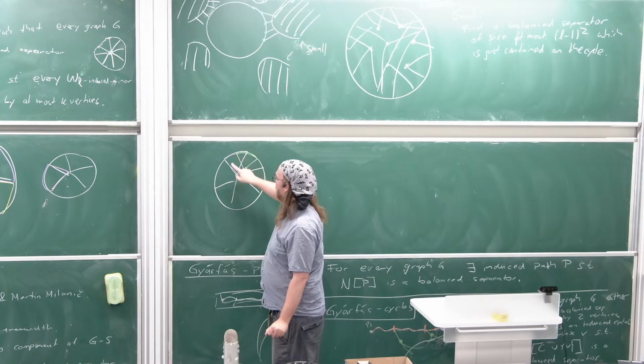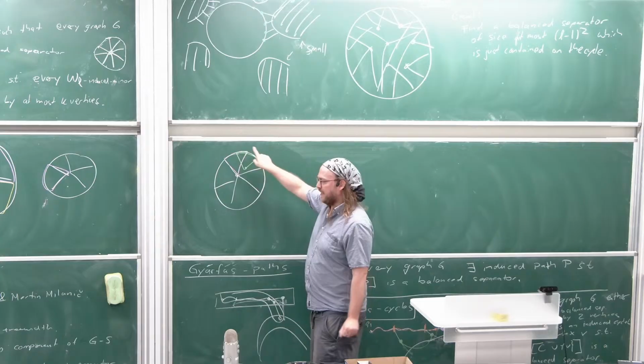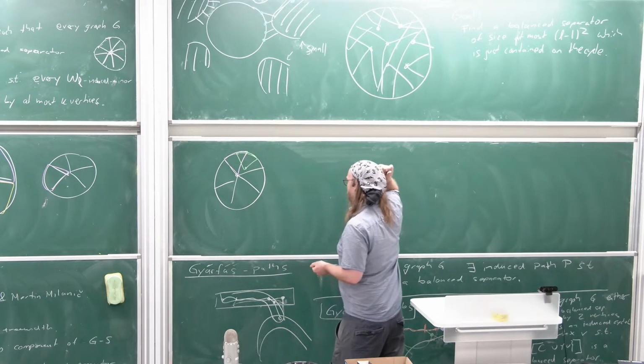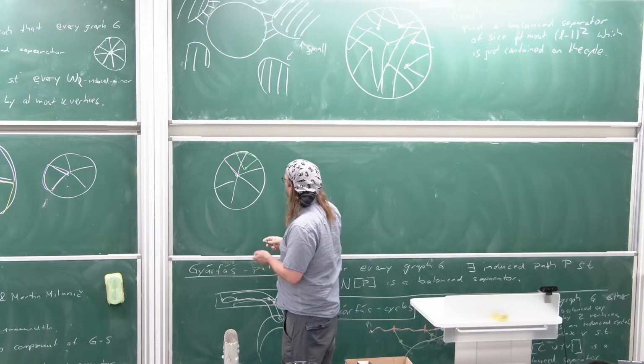So, because of the structure of this graph, they have to intersect on this cycle in this wedge-like way.